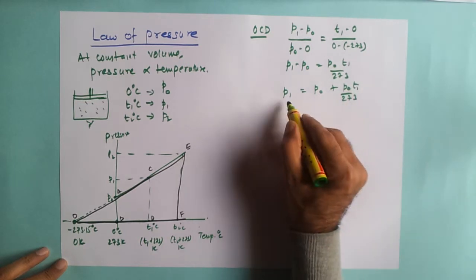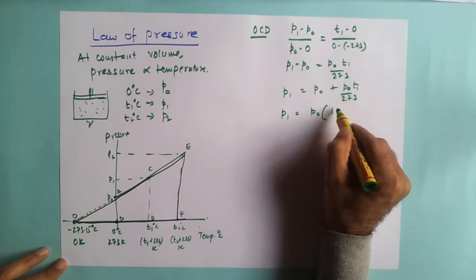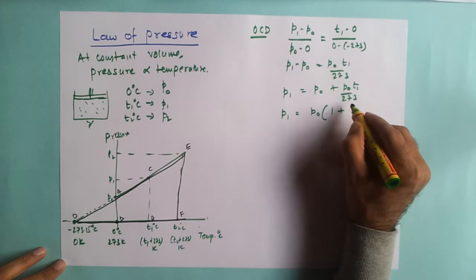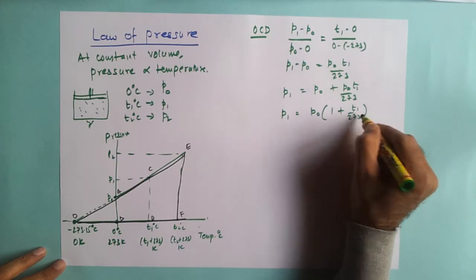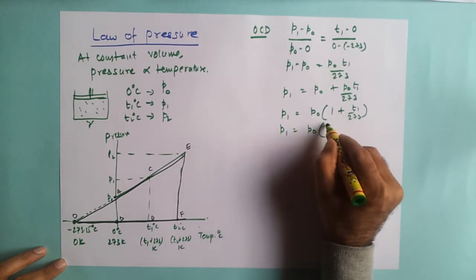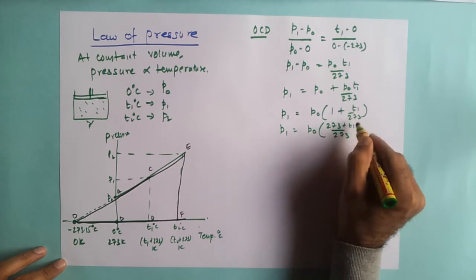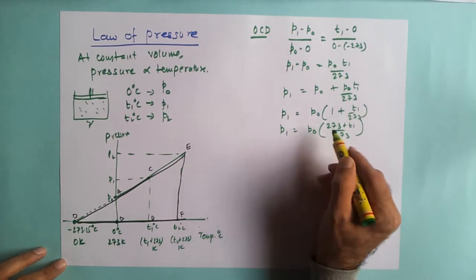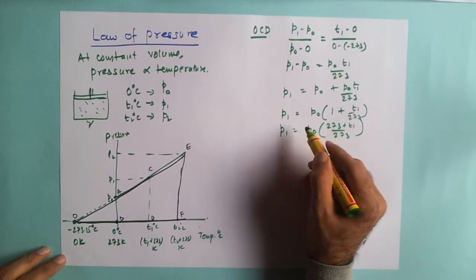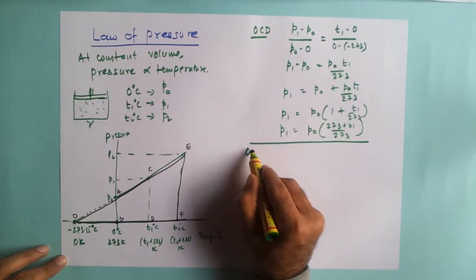I can write this as P1 is equal to P0 into 1 plus T1 upon 273, and therefore P1 is equal to P0 into 273 plus T1 upon 273. This is the equation that we get. You could use small p or capital P to indicate pressure. Generally capital P is used; I have used the lowercase p1.